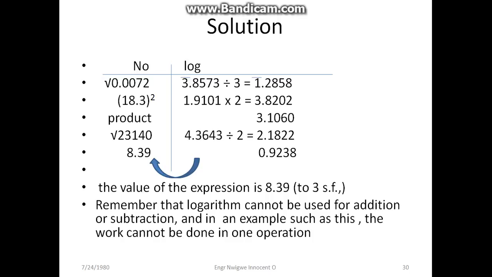Since this is a division, we subtract. So what we will now be having, we subtract 2.1822 from 3.1060, which will give us 0.9238.